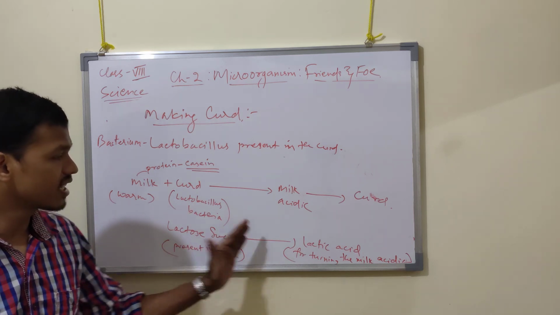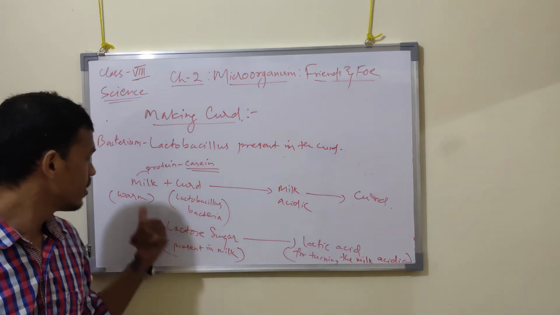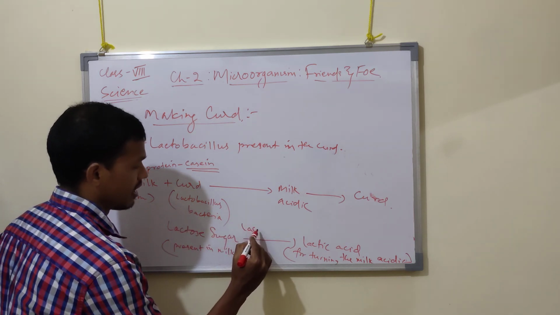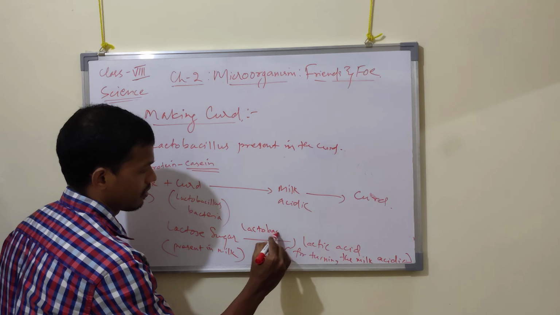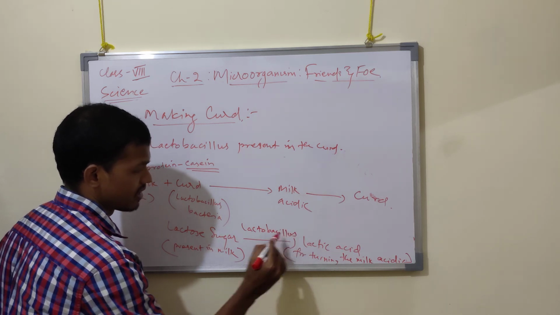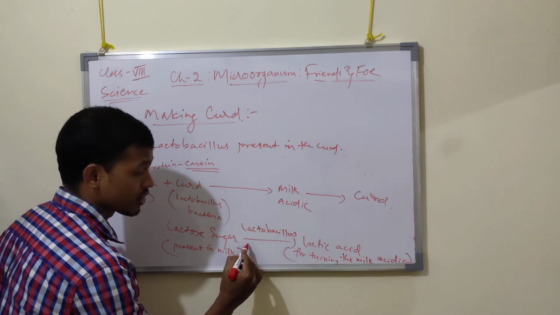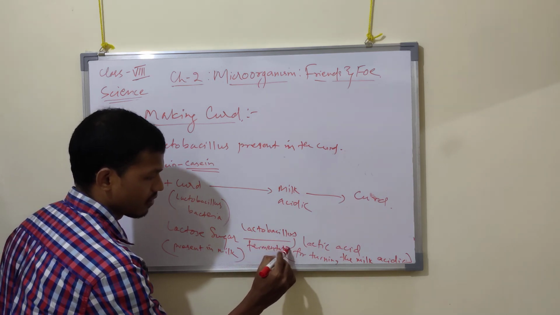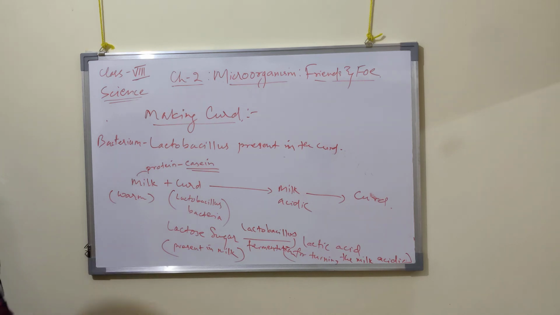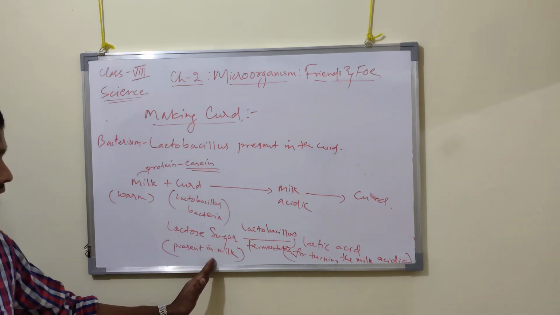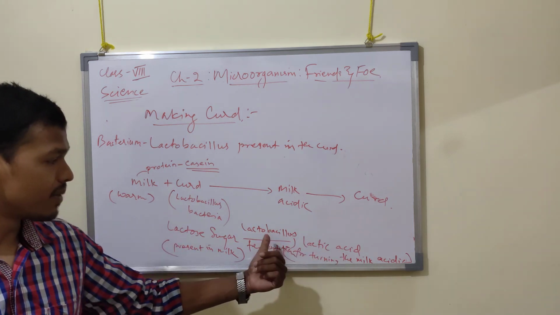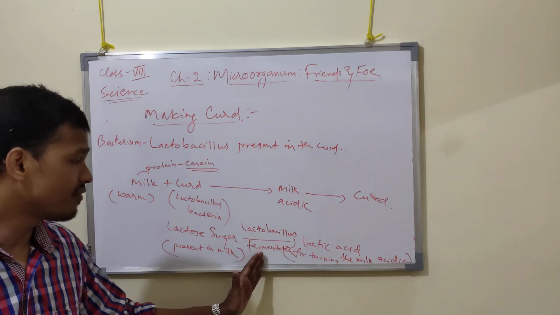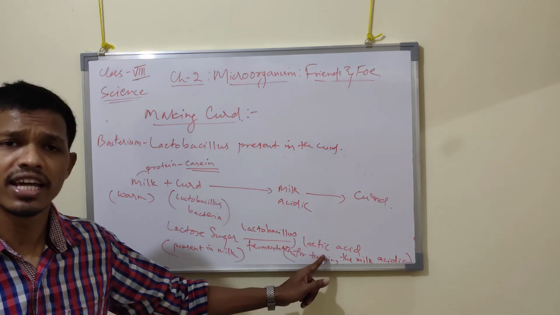This lactose sugar is converted into lactic acid due to the presence of lactobacillus, by the process called fermentation. With the help of fermentation, the milk is converted into an acidic form.